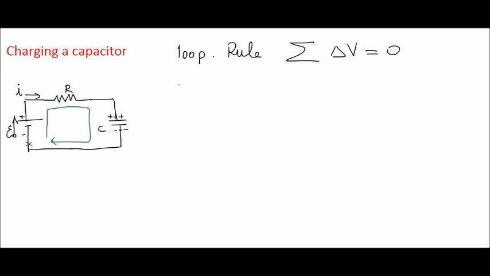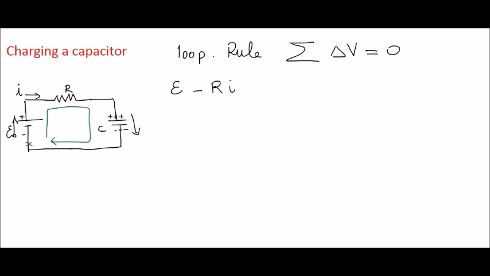So we have E, the EMF, minus Ri, and in this direction, what is the potential? If you look carefully at this capacitor, this plate is positively charged, plus Q, and this plate is negatively charged, minus Q. So what happens to the potential, increasing or decreasing? Of course, decreasing.